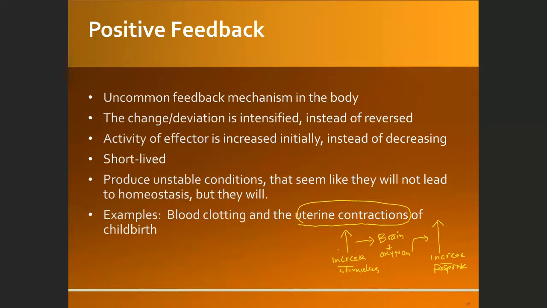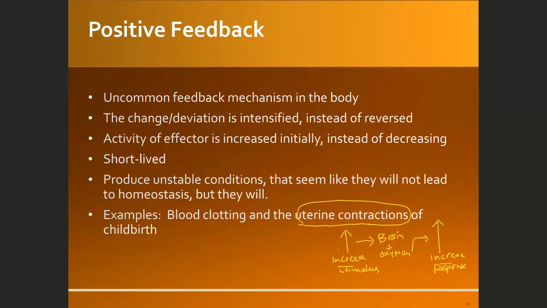Compared to the negative feedback system, the response goes in the opposite direction. If it is increased, it's going to be decreased, but if it is decreased, then the response will be increased. That's the negative feedback system. For the positive feedback system, if the stimulus increases, then the response will also increase. If the stimulus decreases, then the response will decrease again. So there is only one direction for this positive feedback system.